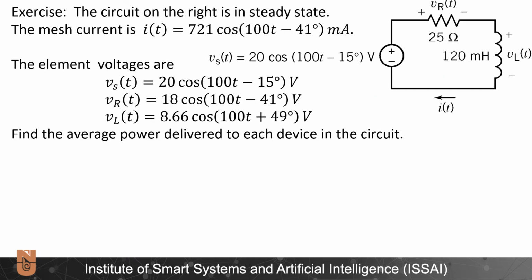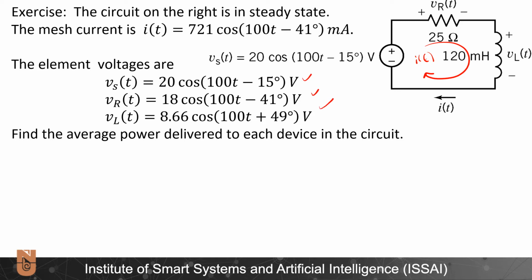So the circuit on the right is in steady state. It is an RL circuit supplied by a sinusoidal voltage source. The mesh current, I of t, is 721 milliamperes times cosine 100 t minus 41 degrees. And the element voltages are given here.